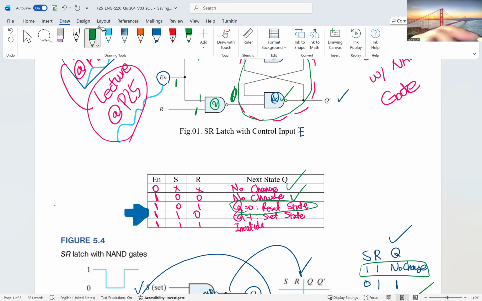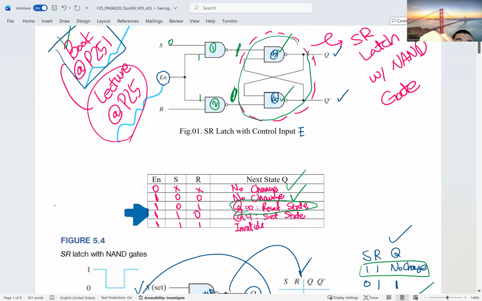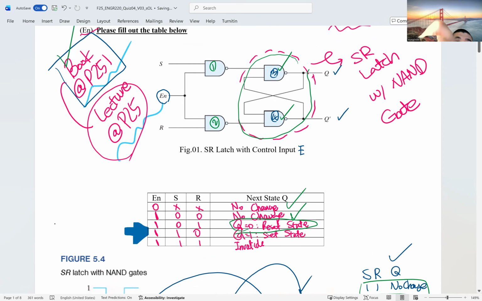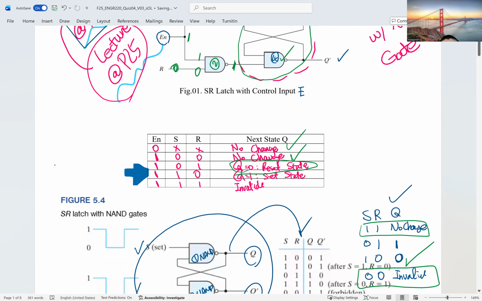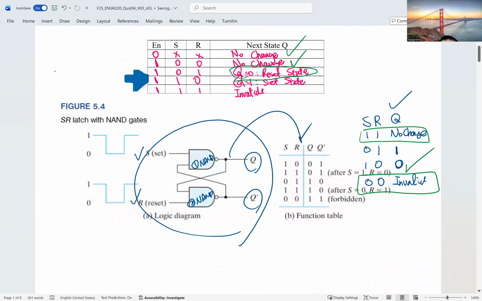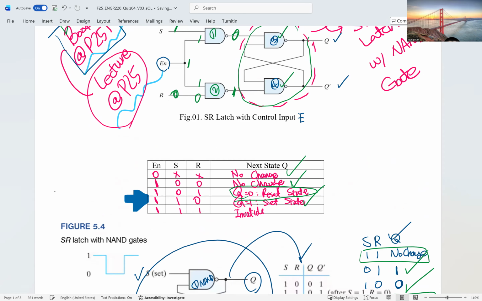Draw. Go. So S is 1, R is 0, EN is 1, 1, 1, 0, 1, 0. So 0, 1 is what? 1, set. So the set state here.